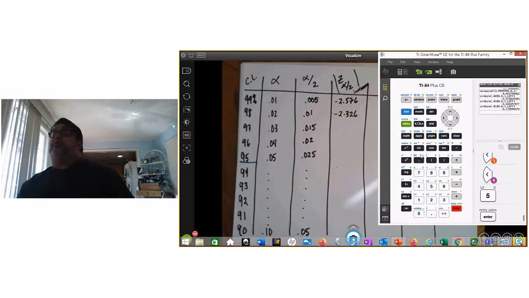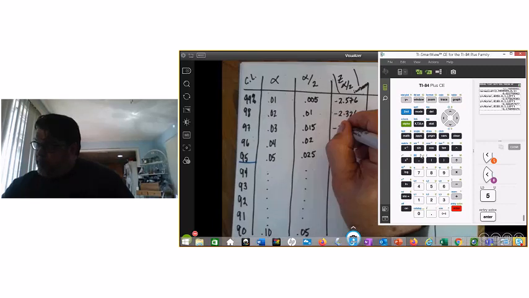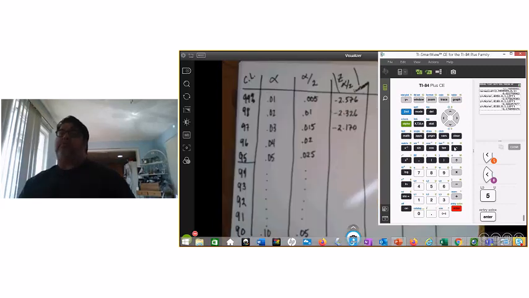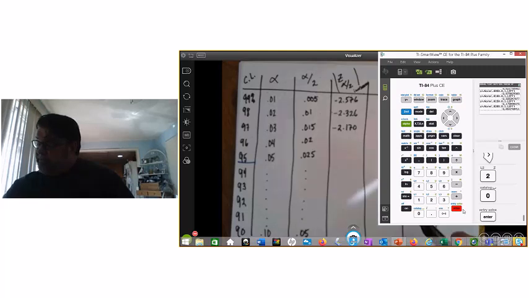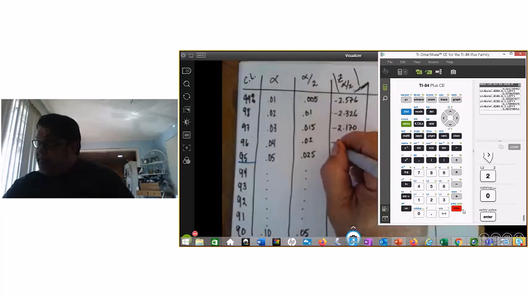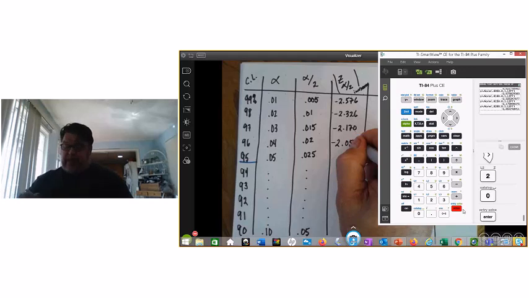Negative 2.170. Then 0.02. Negative 2.054. Now remember, absolute value.